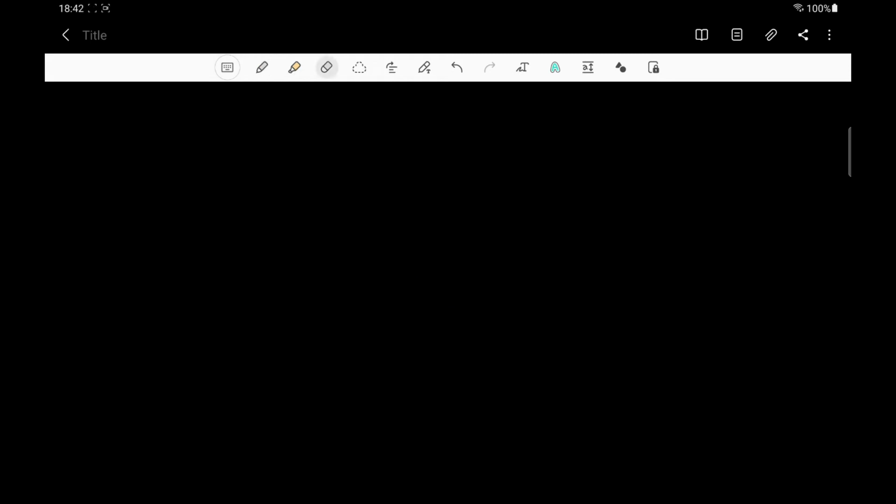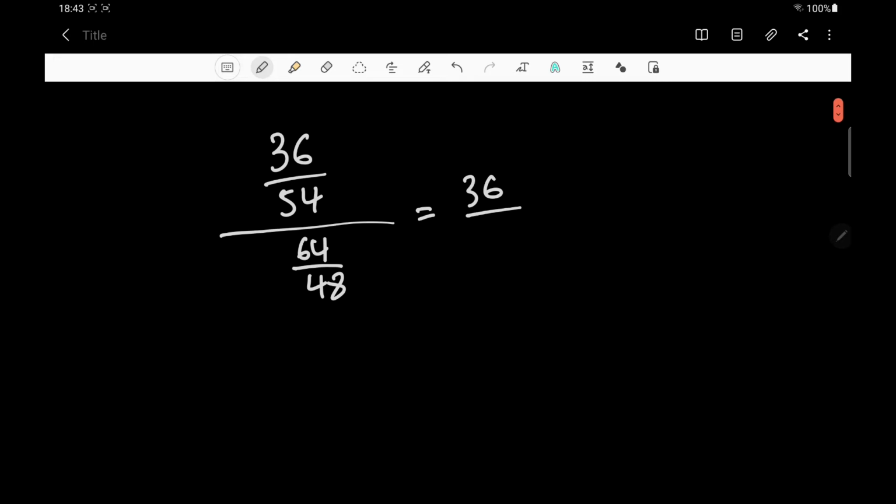Now, what if you see a problem that looks like this? 36/54 divided by 64/48. If you have a fraction written this way, what should you do? This expression is equivalent to saying 36/54 divided by 64/48.